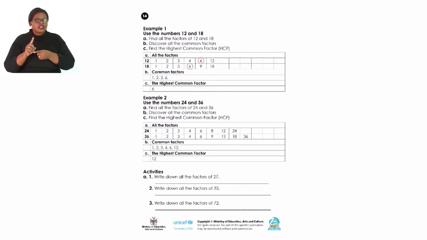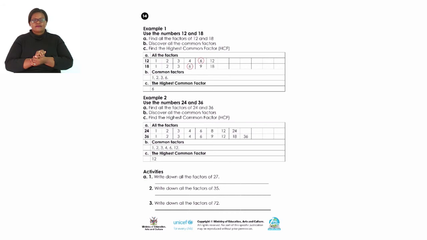The numbers that you can divide into 27 without leaving a remainder. Number 2, write down all the factors of 35. So you need to find all the numbers that can divide into 35 without leaving a remainder.